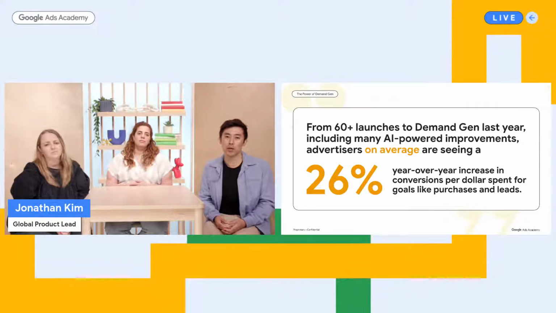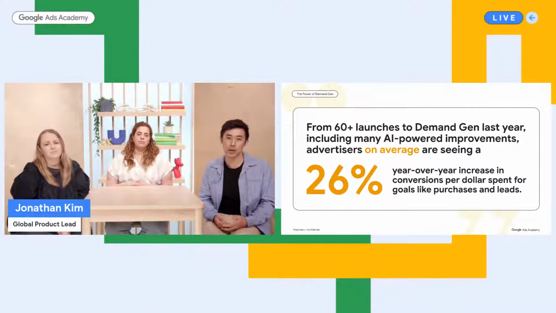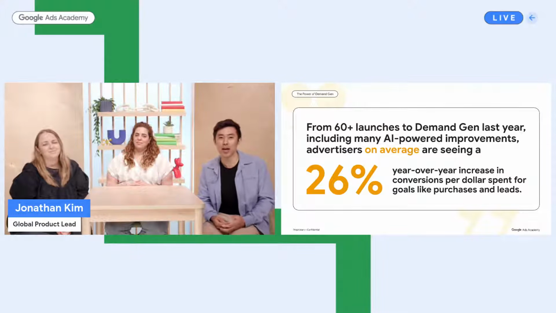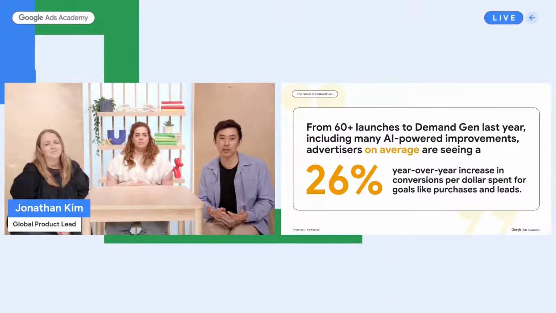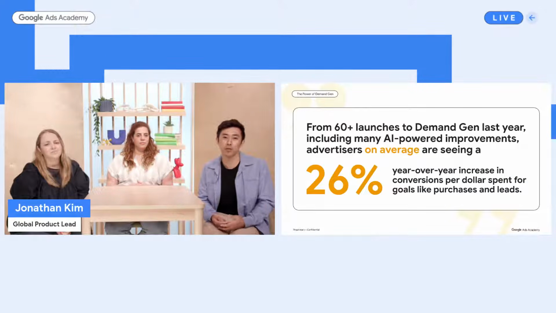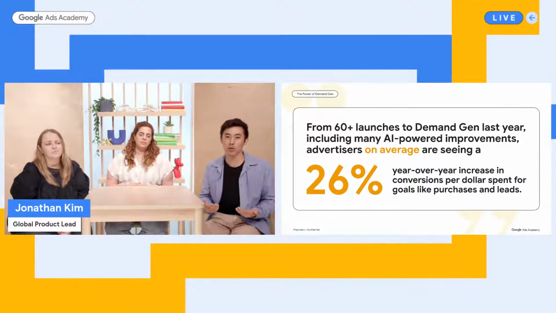We hear from the market questions on how demand gen has improved since it came out. Well, we've definitely been busy. Over the past year, we've launched over 60 launches behind the scenes to improve demand gen, all of these specifically designed to boost your campaign performance. And it's not just about the number of launches, but at its core, it's really about driving more value for our advertisers.